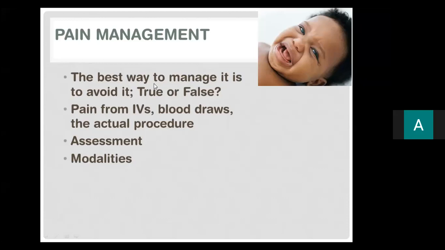So a 5-year-old in an urban setting might be able to rate their pain using a numerical scale, while a 10-year-old in a rural setting may not be able to, so you'll have to use a visual analog scale for them. So when you're assessing their pain, you want to get an age appropriate or developmental level appropriate scale.